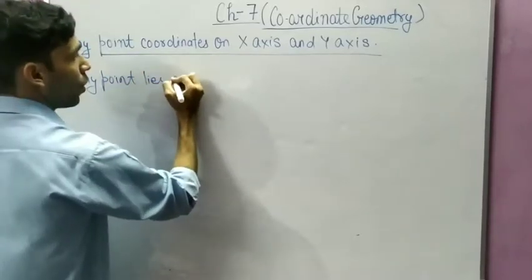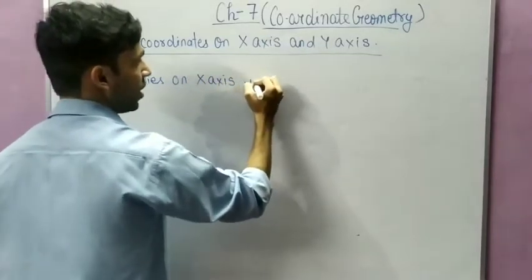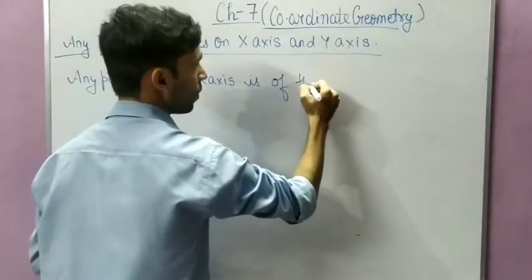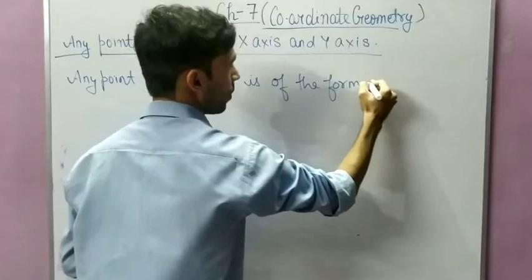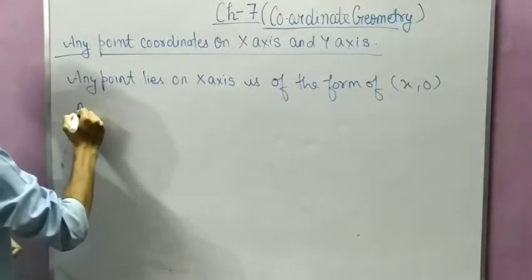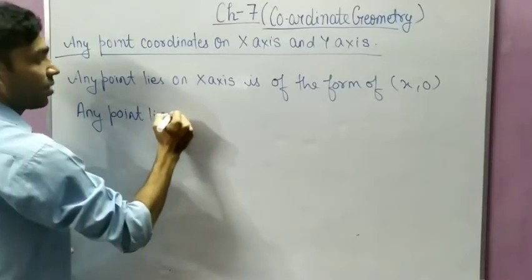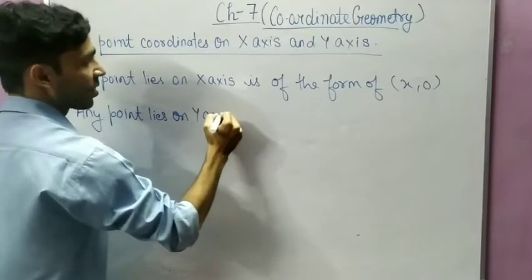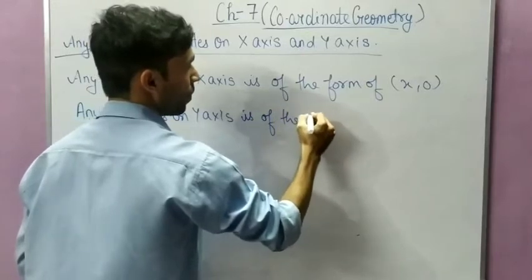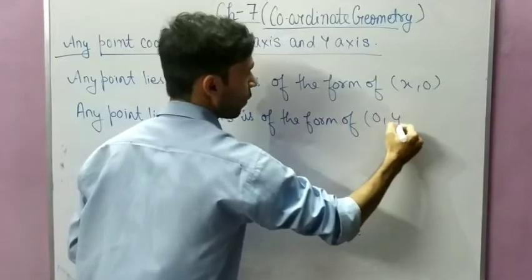Any point that lies on the x-axis is of the form x comma 0, and any point that lies on the y-axis is of the form 0 comma y.